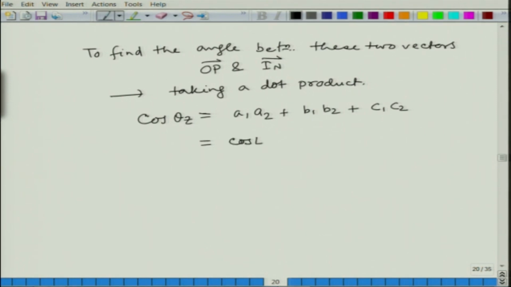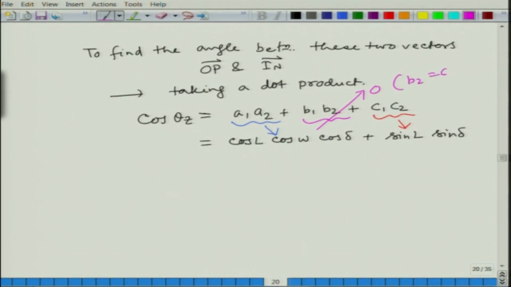This will be cos L cos omega cos delta plus sin L sin delta. Okay. So, this term actually giving rise to the first term, okay, and the third term is giving rise to the second term, okay, and this particular thing is contributing to 0 because your B2 is actually 0.